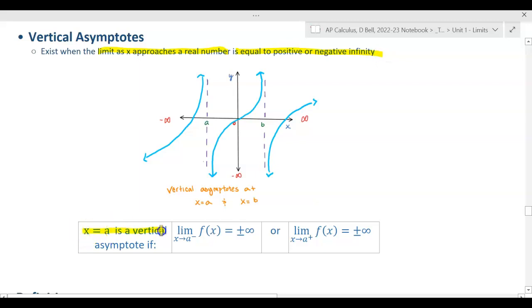So x equals a is a vertical asymptote if the limit as x approaches a from the left equals positive or negative infinity, or the limit as x approaches a from the right equals positive or negative infinity. We only need one of those to prove that a vertical asymptote exists. If you're going off to positive or negative infinity in one direction, as you're approaching a real number, then you must be running into a vertical asymptote.